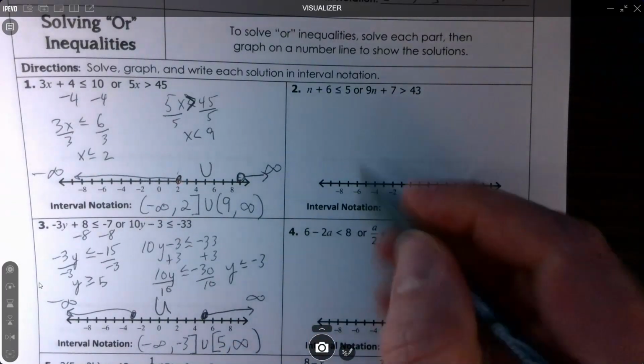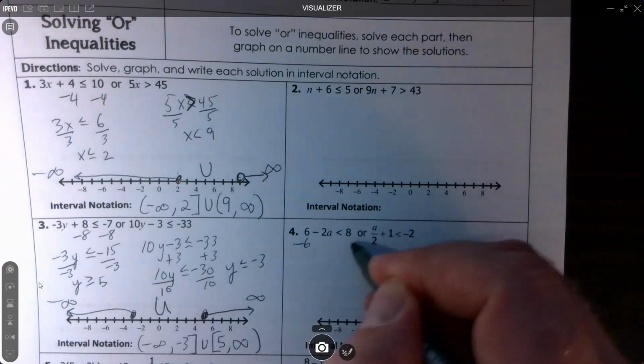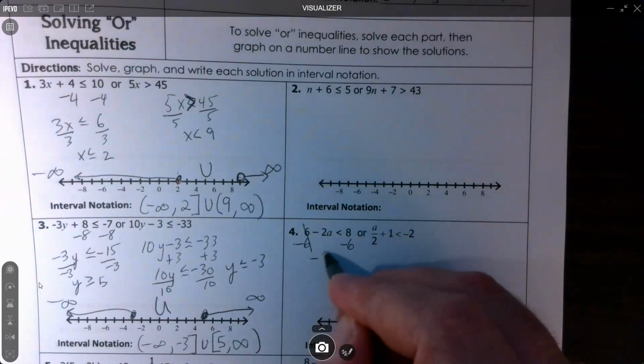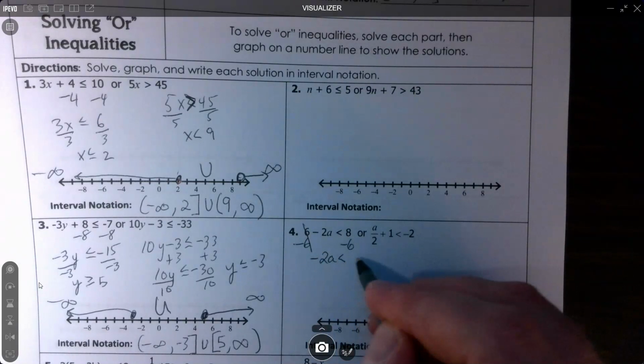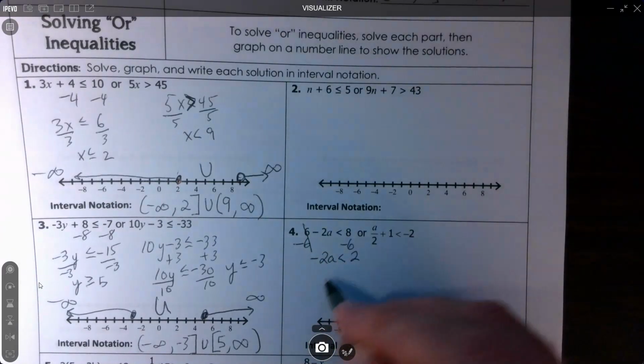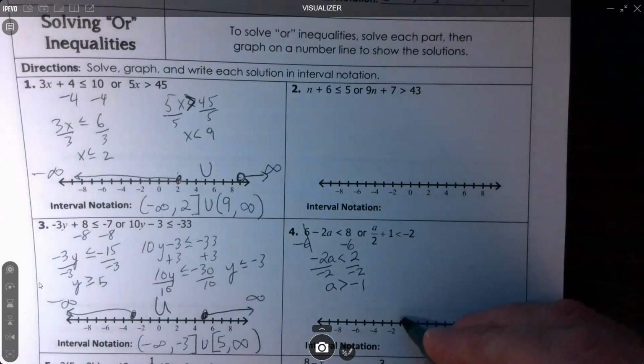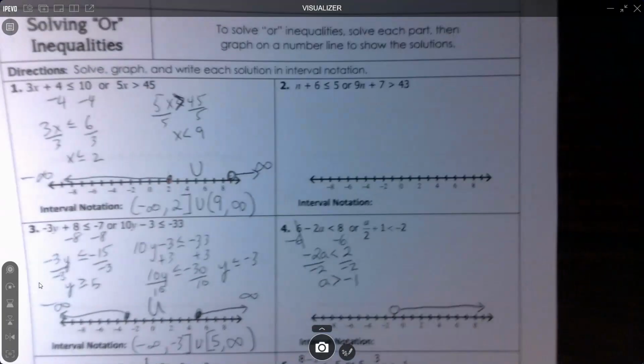So to get rid of that 6, I would subtract 6. When you do that, this is gone, so you're left with negative 2a, less than 2, it looks like. Remember that I'm dividing by a negative, so I have to change the symbol around, and that's going to give me negative 1. So x is greater than negative 1. Open dot at negative 1 and going to the right.